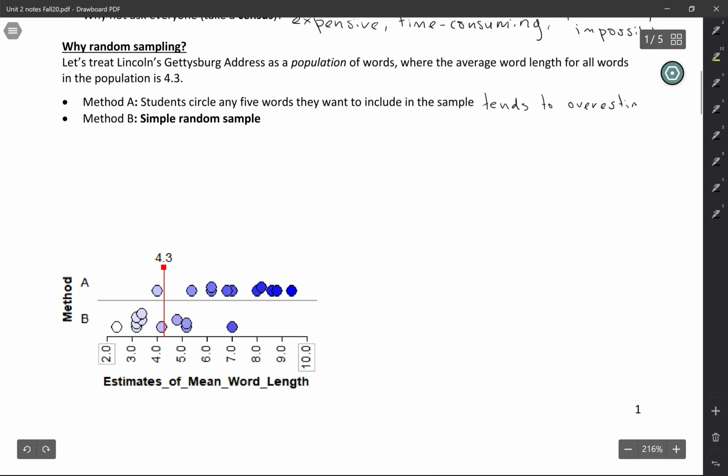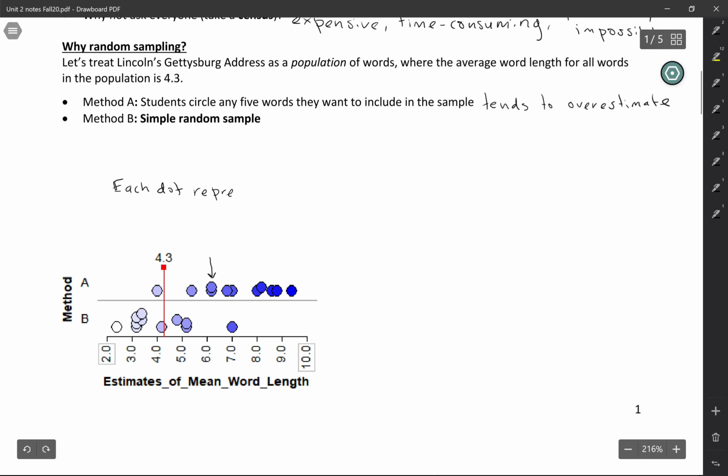So I actually did this. I used to teach AP statistics, and I had my students take a sample of 5 words and calculate the average word length. So that's what's showing in this graph down here. Each dot in this graph represents a sample mean.